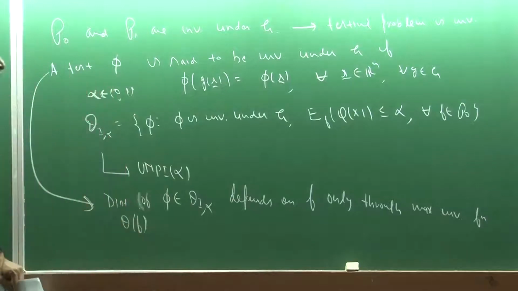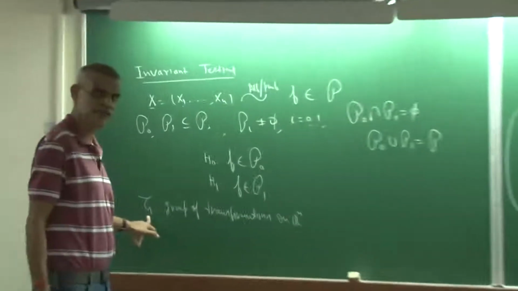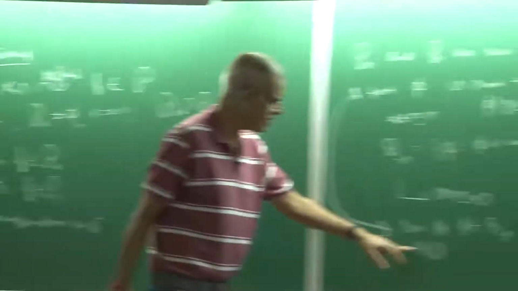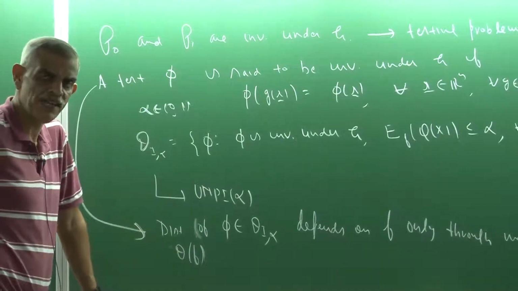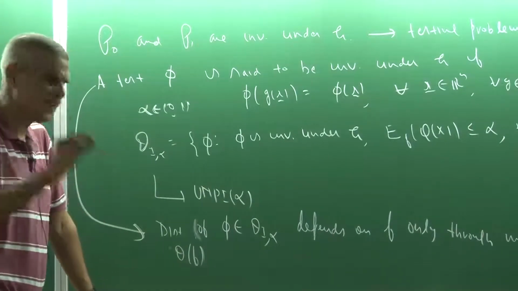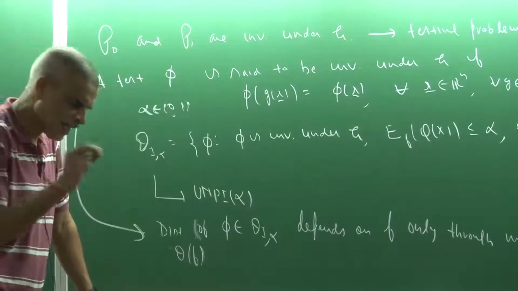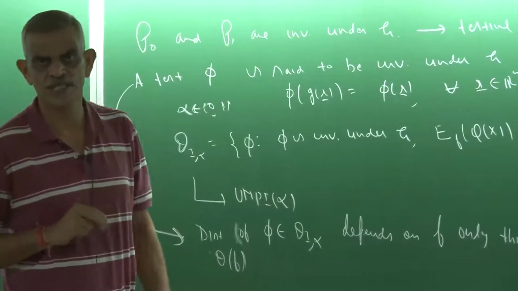So what is a maximal invariant functional? It should be invariant. That means theta of g-bar f, where g-bar is the group of transformations induced by this group of transformations on P, should be the same as theta of f for every g and for every f. And if theta(f1) is the same as theta(f2), then f1 and f2 should be related through some g-bar.